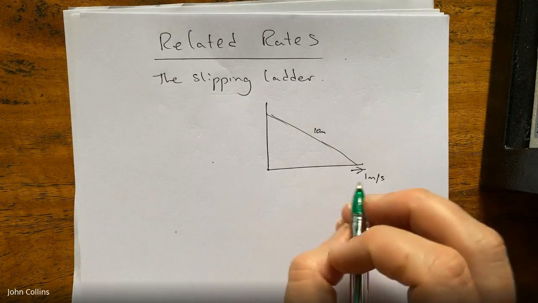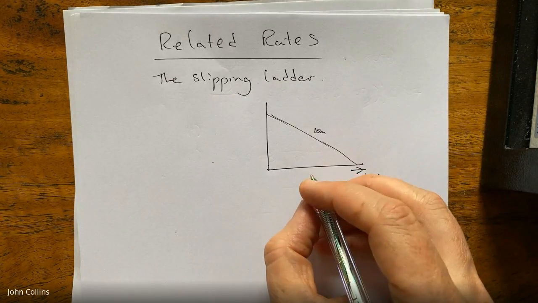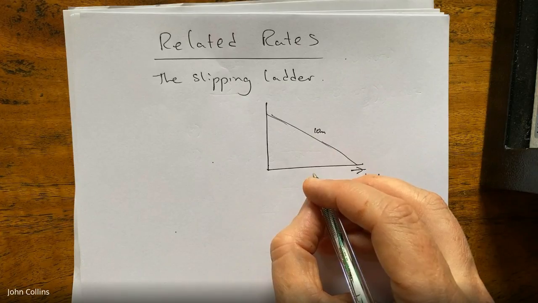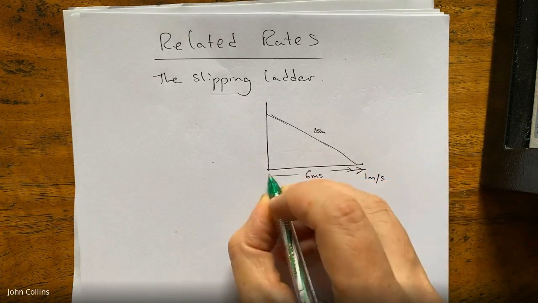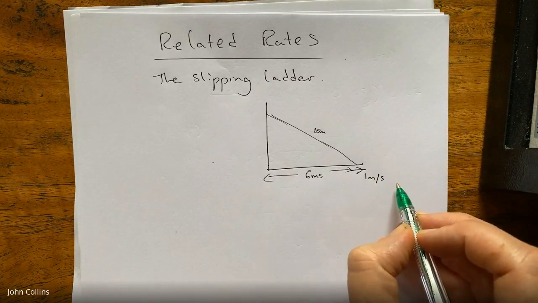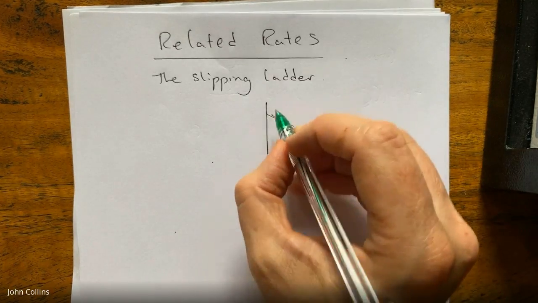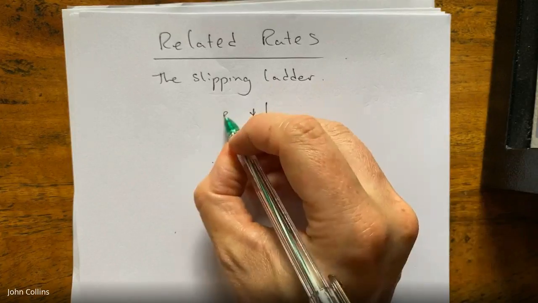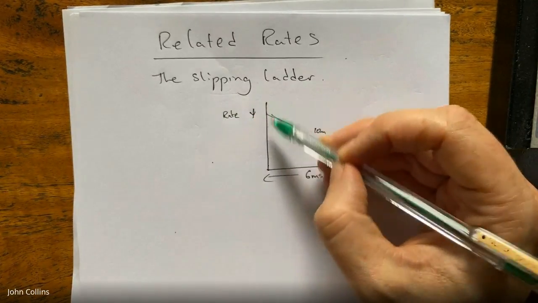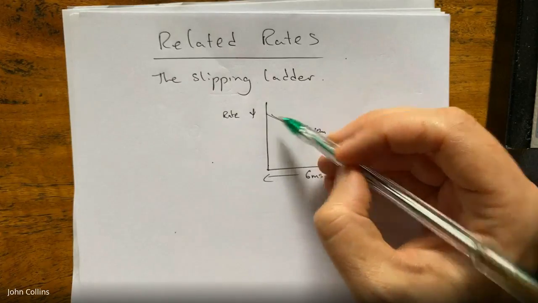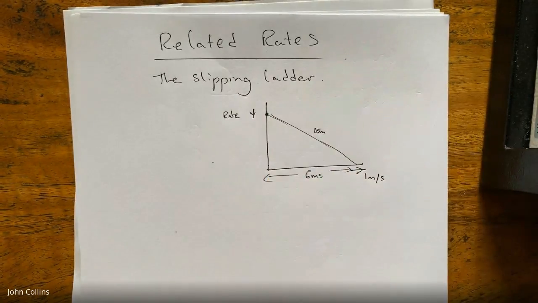And at this particular point, we're going to say that it is at 6 meters from the wall. Okay, so it's 6 meters, and it's slipping at 1 meter per second. And we need to find out what's the rate at which the top of the ladder is slipping. In other words, what's the speed at which the top of the ladder is slipping.